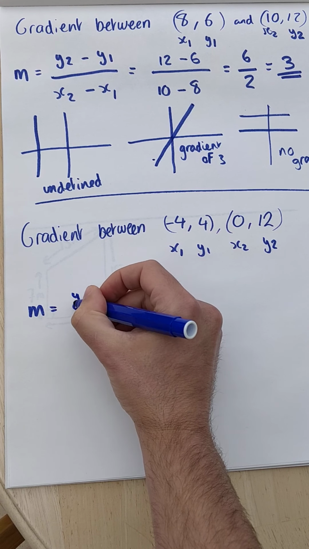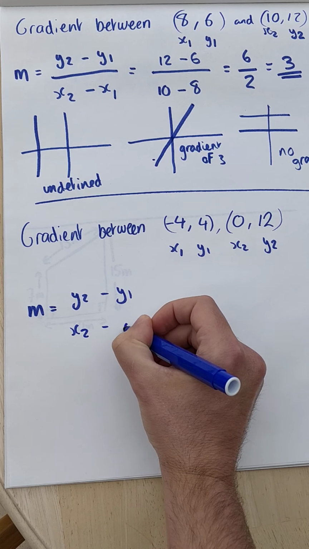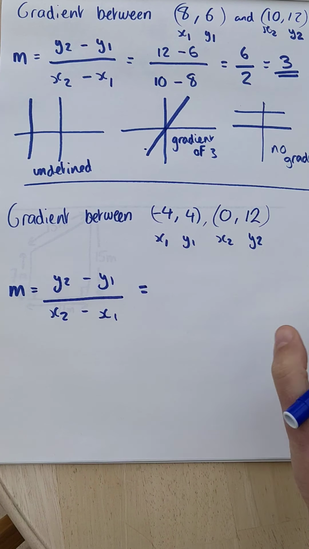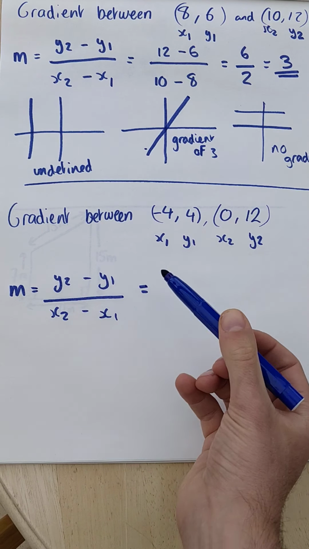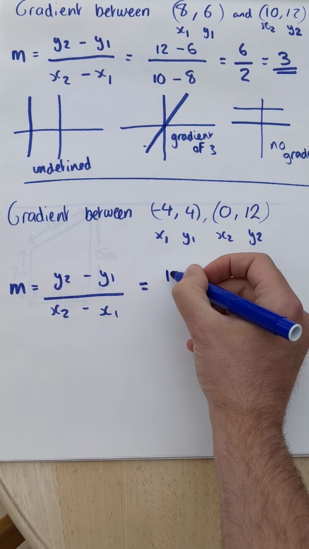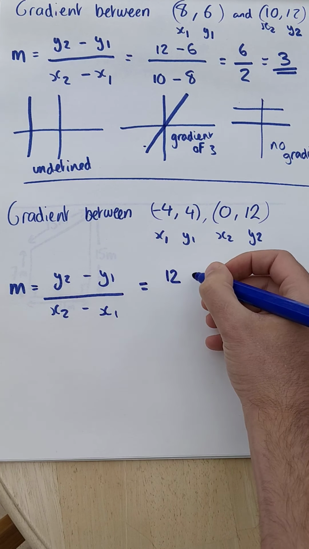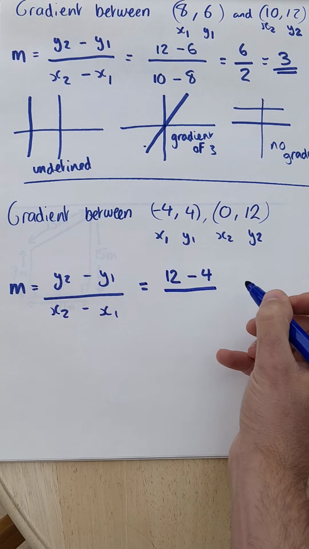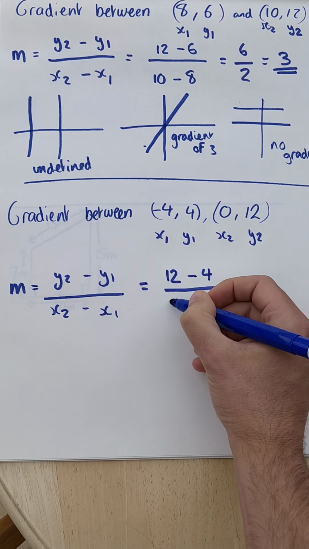Formula equals y2 take away y1 over x2 take away x1. Then you fill in the actual coordinate values. So y2 is 12 again, y1 is 4. Then we've got x2, which is 0.